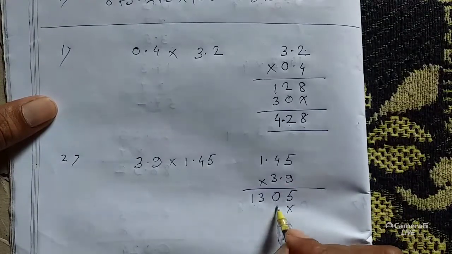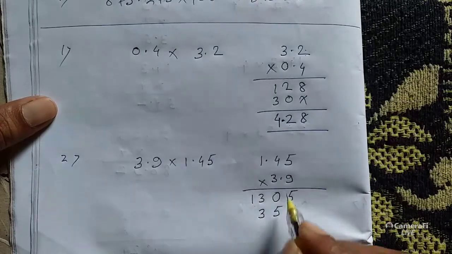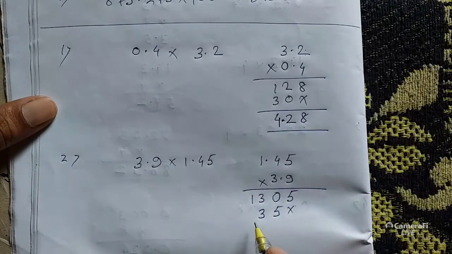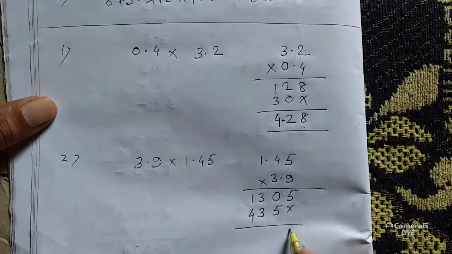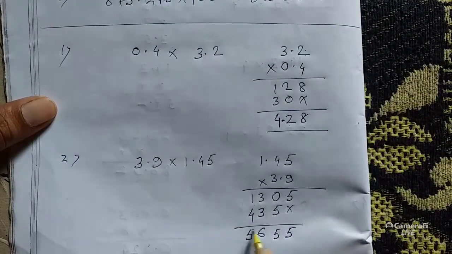Now 3 5s are 15, 5, 1 carry. 3 4s are 12 plus 1, 13, 3, 1 carry. 3 1s are 3 plus 1, 4. Now add 5, 0 plus 5, 5, 3 plus 3, 6, 4 plus 1, 5.